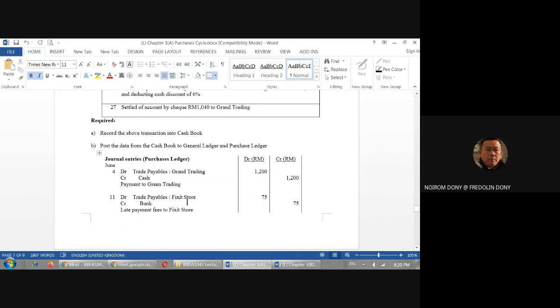Okay, and then next one, also the same thing, trade payable reducing. When we make a payment by check to Fix It Store, the amount the business owes to Fix It Store becomes lesser. So that's why this is debited. And the bank is also a debit item that reduces, so it will be credited.